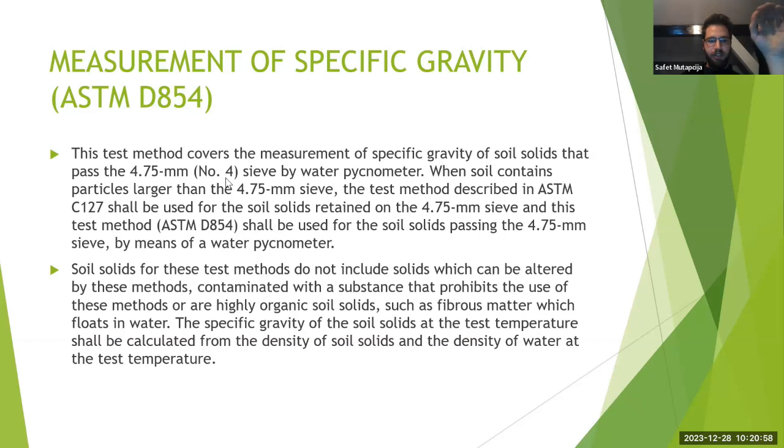Soil solids for these test methods do not include solids which can be altered by those methods, solids contaminated with a substance that prohibits the use of those methods, or highly organic soil solids, such as fibrous matter which floats in the water. So that's basically some really specific case scenarios that you're probably not going to deal with as a junior geotechnical engineer or junior laboratory technician.